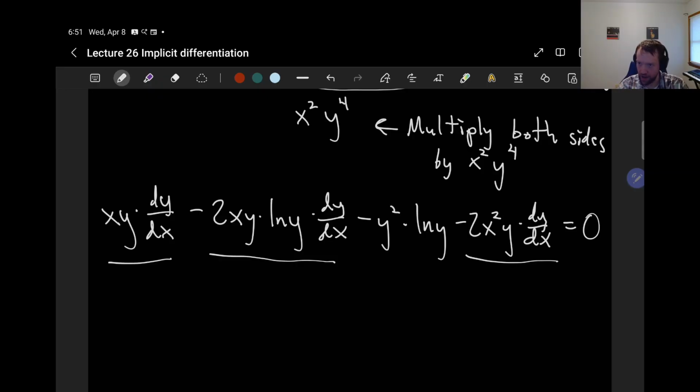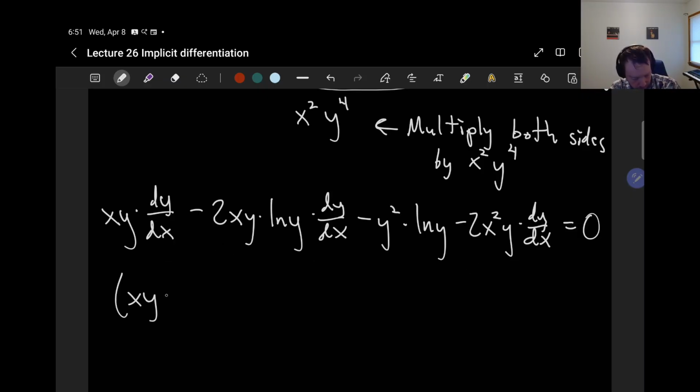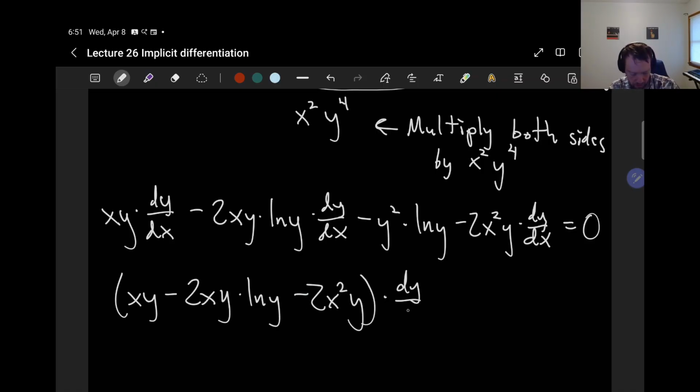We can factor out dy dx because there's a times dy dx in every one of them. So xy minus 2xy times ln of y. And then with this one here, minus 2x squared y. So all that times dy dx. I just factored it out.